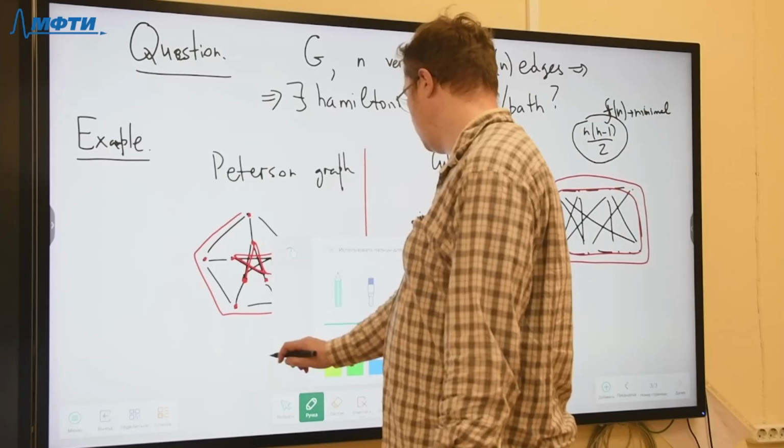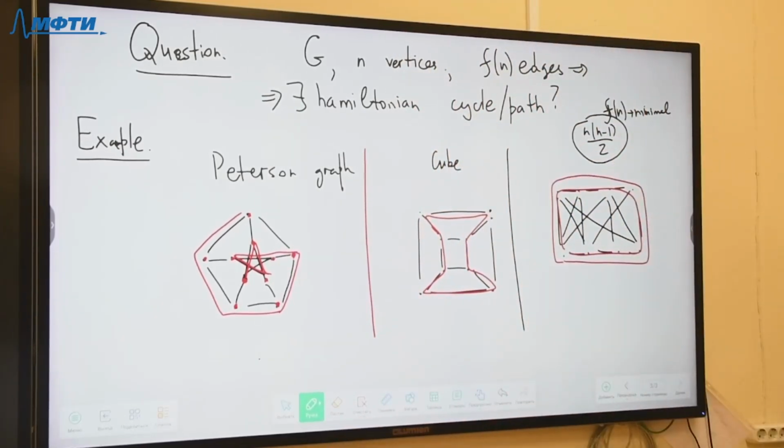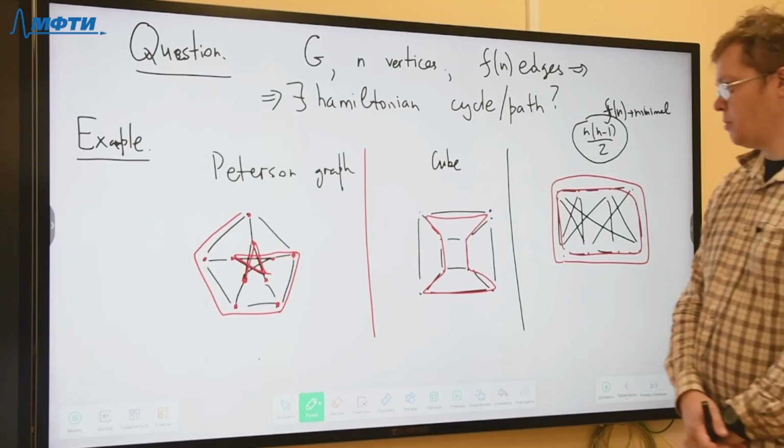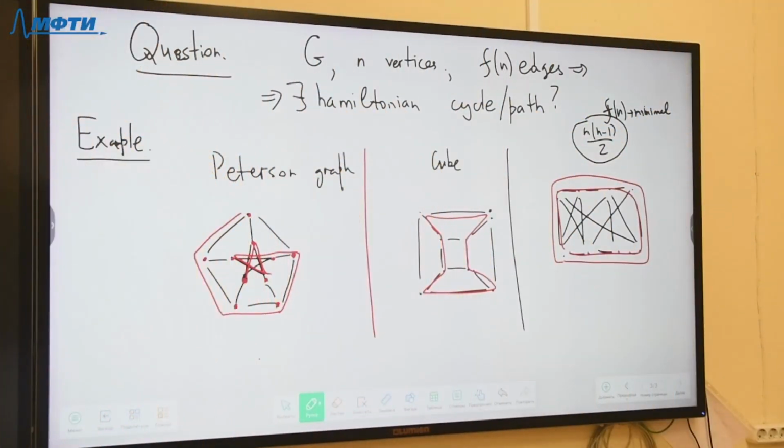We want to prove that we cannot provide a cycle here, but maybe we can just use some properties. So can you say what you know about this graph? What are the properties of this graph?